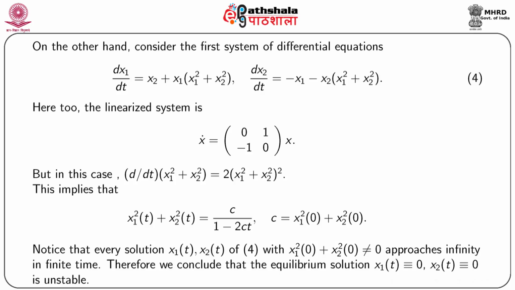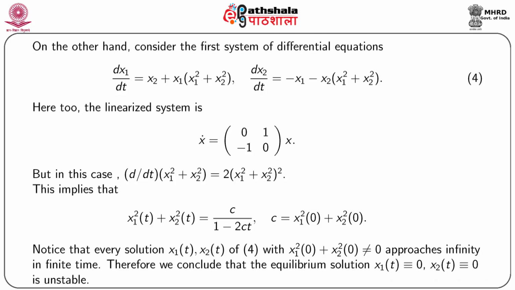Please notice that every solution x1(t) and x2(t) of 4 with x1 squared(0) plus x2 squared(0) not equal to 0 approaches infinity in finite time, and this happens because the denominator is 1 minus 2ct.